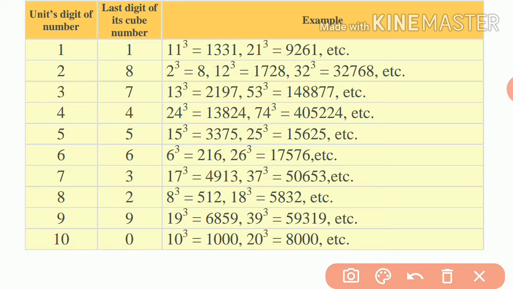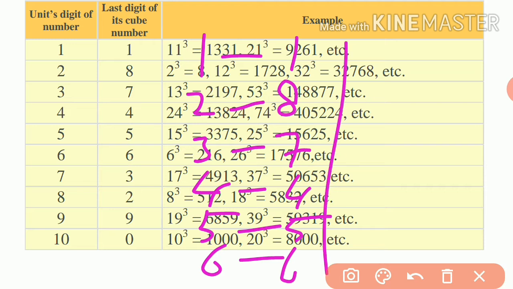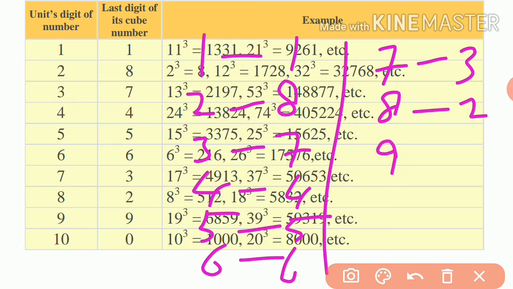So we will write it like this: 1 to 1, 2 and 8, 3 and 7, which sum to 10, and 4 to 4, 5 to 5 and 6 to 6. Similarly 7 to 3, 8 to 2, 9 to 9 and 0 to 0.